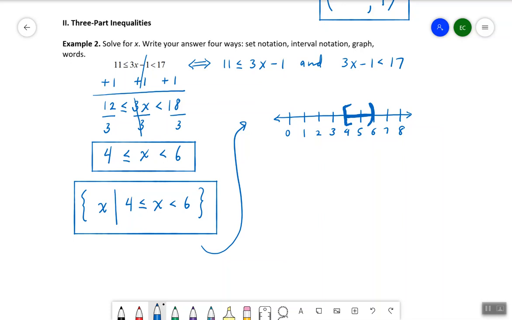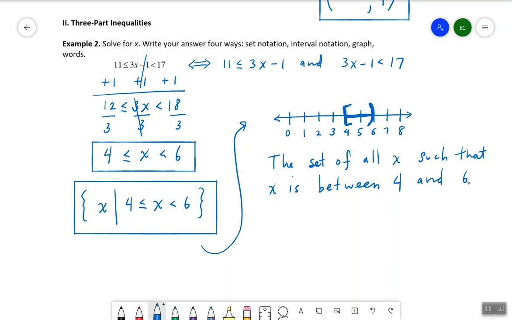So a nice way to write this in words would be to write the set of all x such that x is between 4 and 6 and including 4.